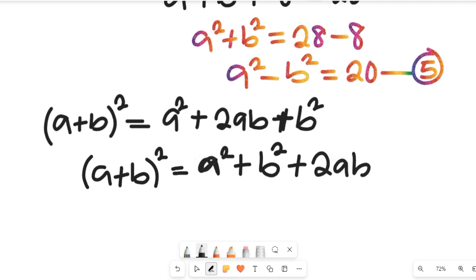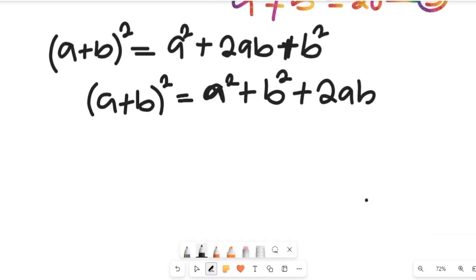Now a squared plus b squared is exactly what we have gotten from equation 5. So that expression will now give us 20 plus 2ab. And what is 2ab? 2ab is equal to 8.